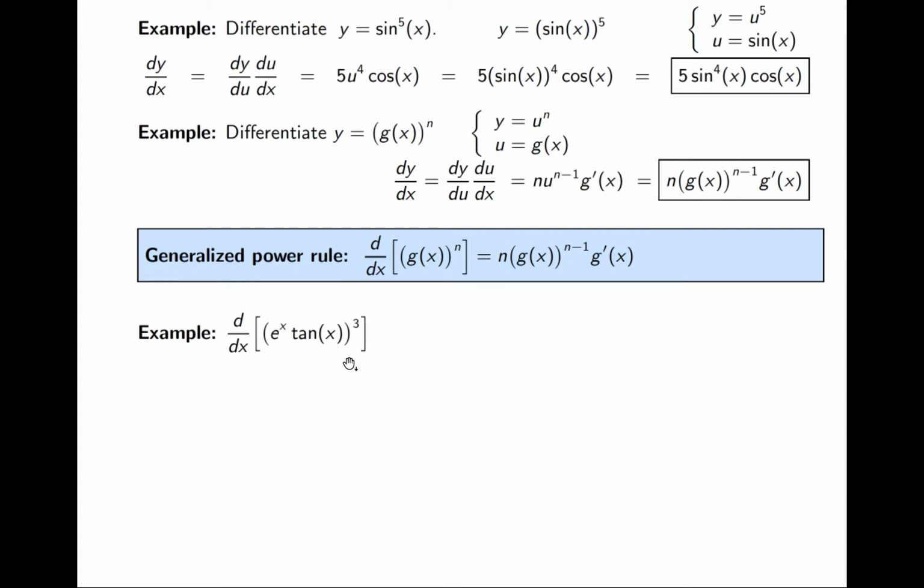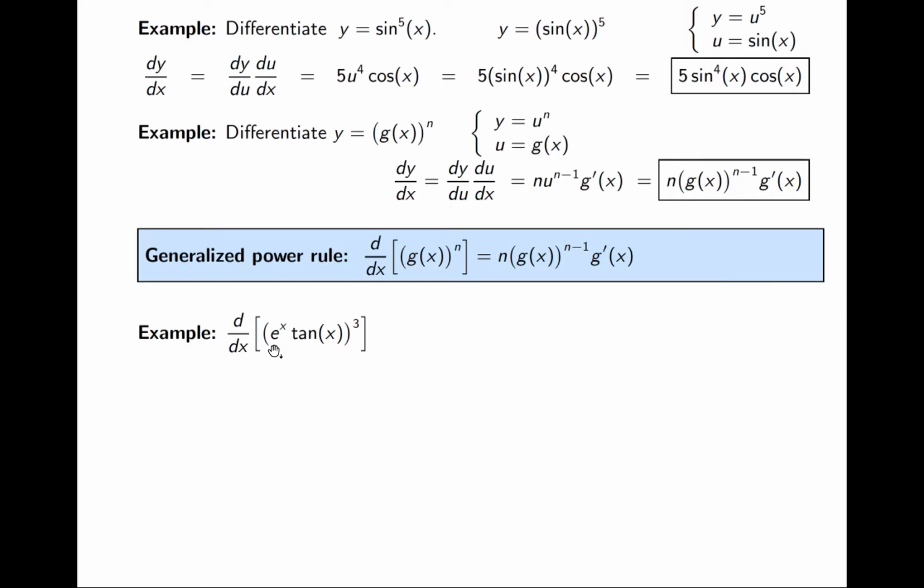So for example, let's differentiate the expression e to the x tangent x all to the power of 3. That has the form of a g of x to the power of 3, where g of x is the product e to the x tangent x. So we could use the generalized power rule for this.